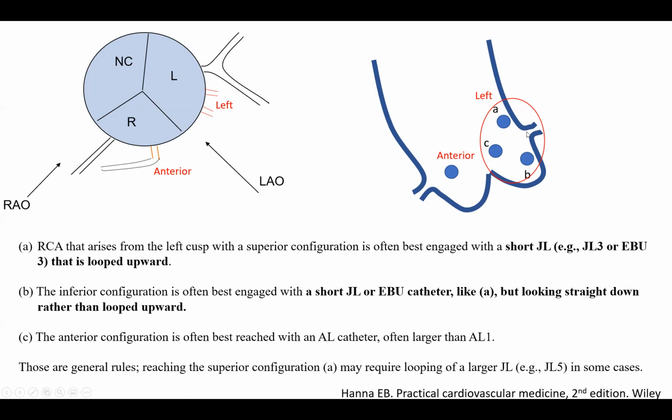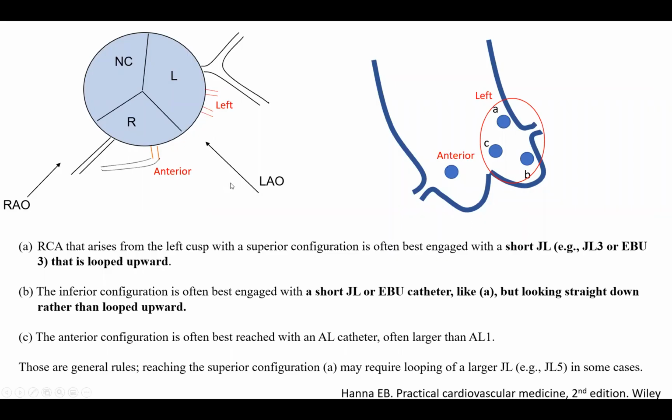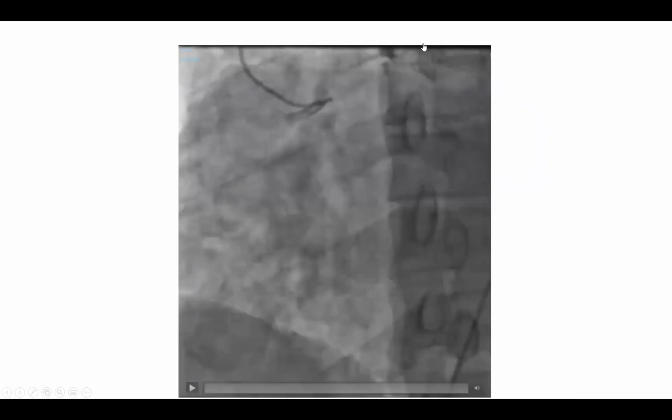So you often need a Judkins left 3, and you make it loop up for A or elongate down for B. Okay. So I hope you got this idea in your brains as well. This is a very important idea. Okay. Any questions?